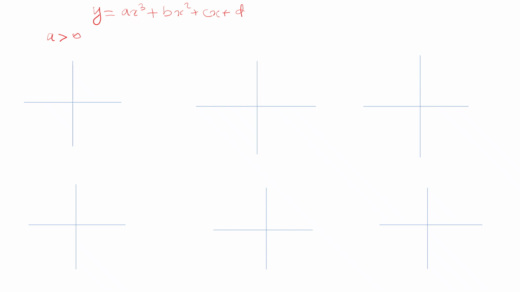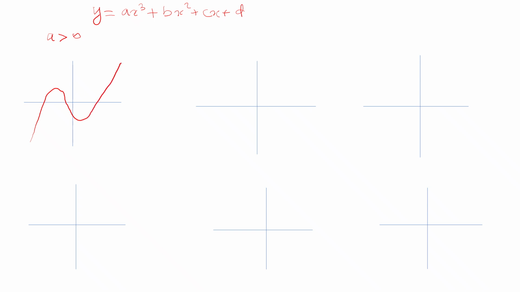It has 3 different roots, so the graph starts from the bottom left. It has 3 different roots, and comes like this, goes up.